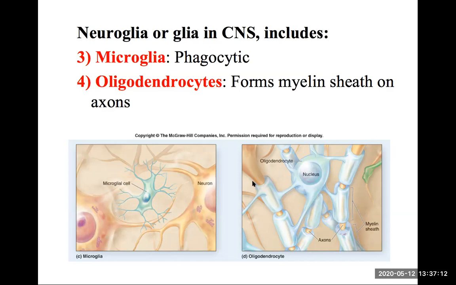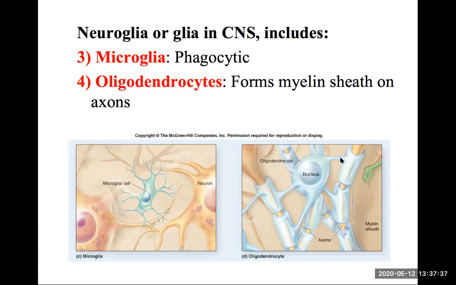Then on the right here we see, this is a long one, oligodendrocyte. Okay, so here is an oligodendrocyte. There's the nucleus. That's where all the important organelles are. And then kind of like the astrocyte, it has these branches that extend from it. But it's different. It doesn't end in a little foot-like structure. Instead, it wraps around axons.